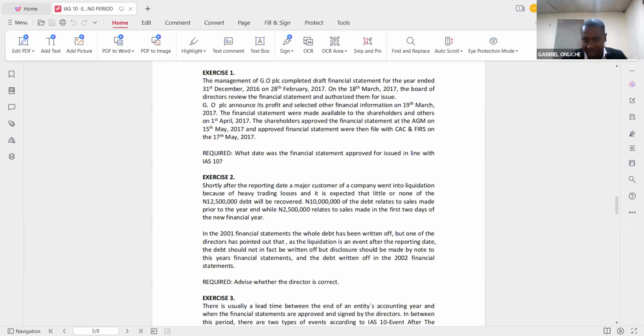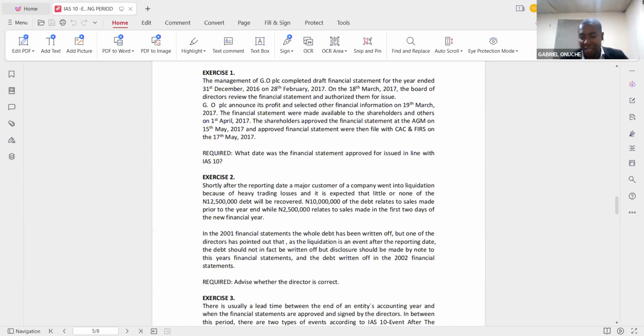You can also explain to the directors the difference between adjusting and non-adjusting. Then you can go further to explain that for the fact that the 10 million gives evidence of conditions at the end of the reporting period, there is need for provision, meaning the 10 million should be adjusted in the 2021 financial statement. On the other hand, the 2.5 million, which relates to the 2022 financial statement, should be written off. And that is the best answer to this question.